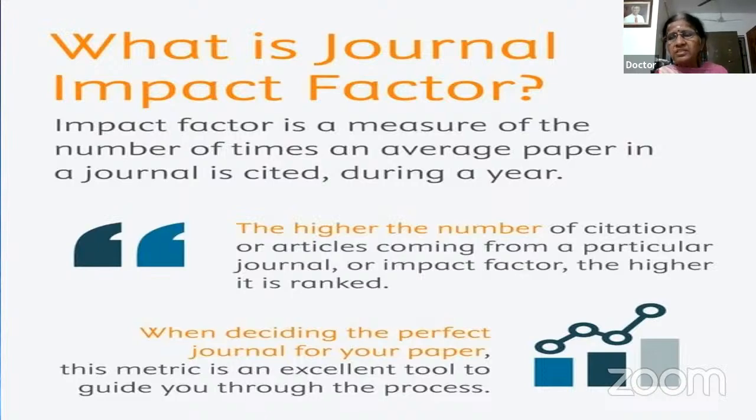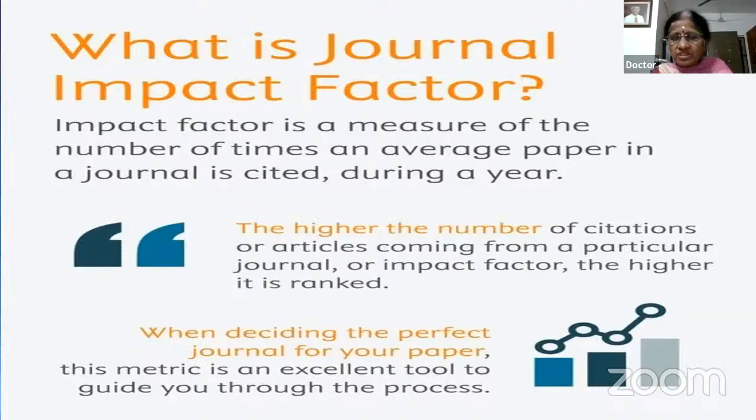In a journal there might be many papers, and each paper might be cited a different number of times. Overall, they take the total number of times the papers have been quoted as a reference, and the total number of articles published in that journal over a period of 2 years. Then in the third year, they find out how many times those articles have been cited. That gives you the impact factor.